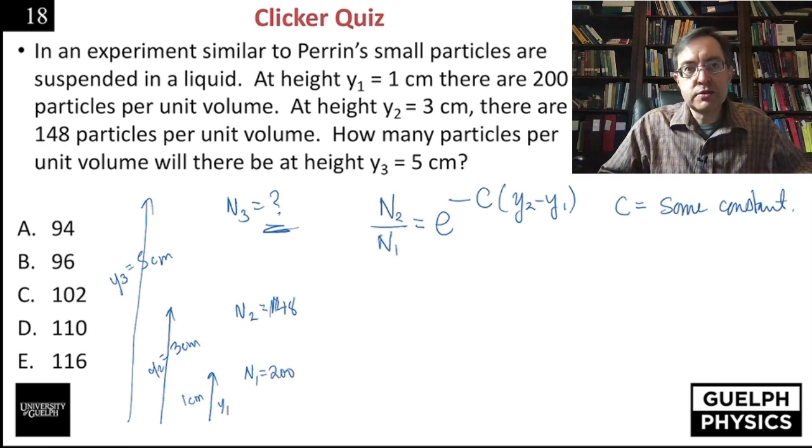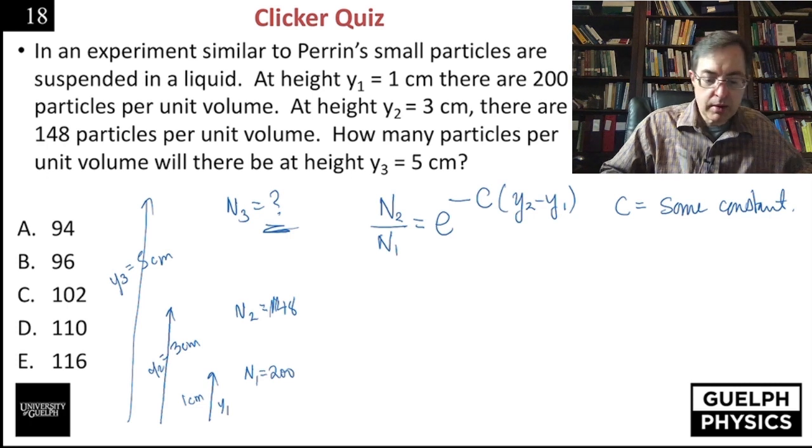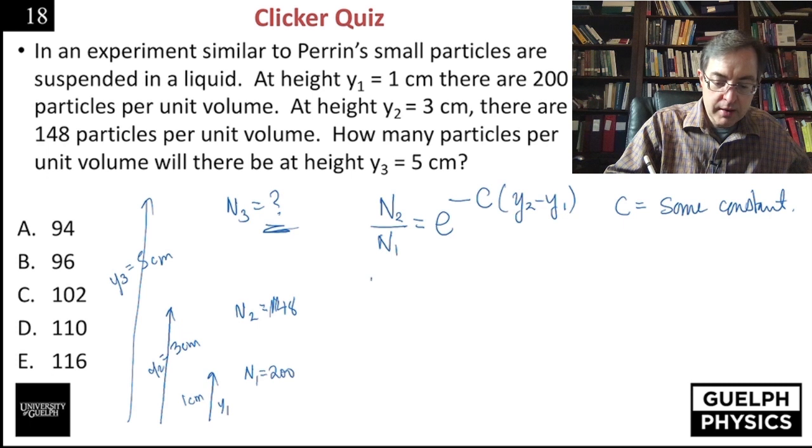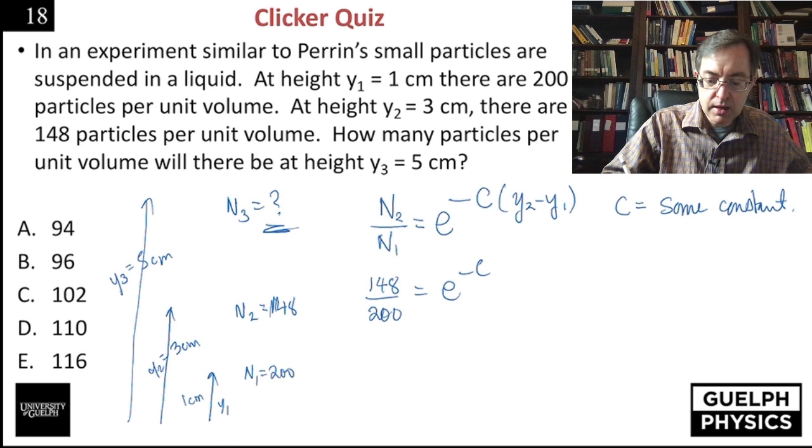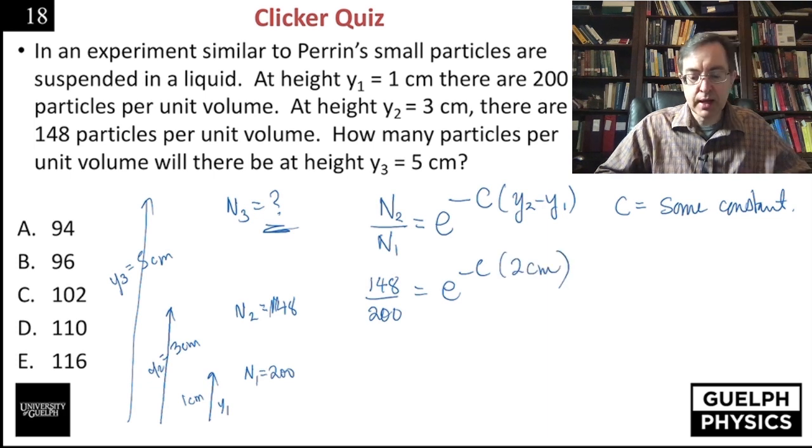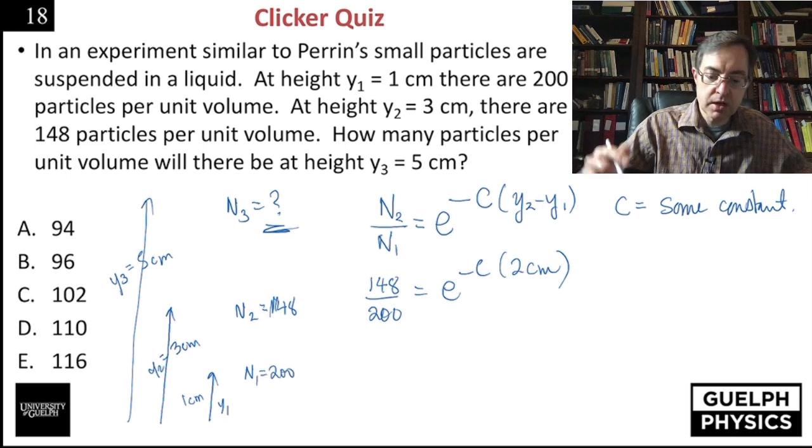I don't know what c is, but I'm going to need to figure it out if I want to calculate what N3 is. Now I do know N2 and N1. N2 is 148, N1 is 200. So that is e to the minus c, and y2 minus y1 is 3 minus 1, which is 2 centimeters. Then I have to solve for c, but c is up in the exponential.